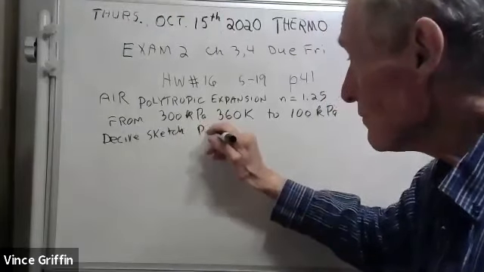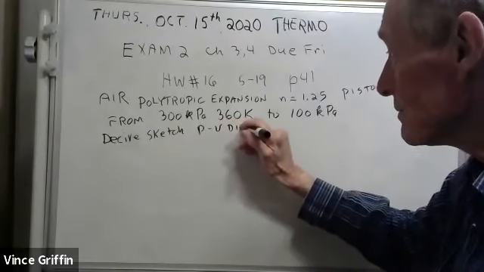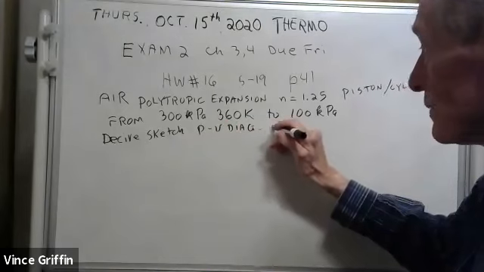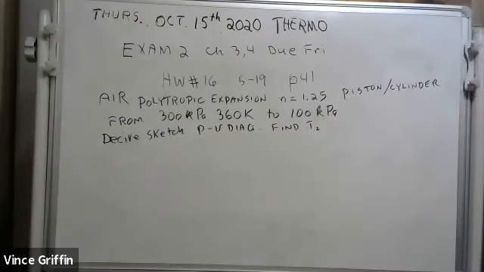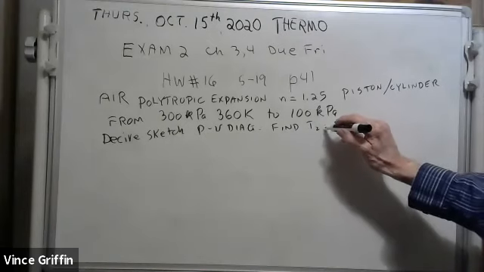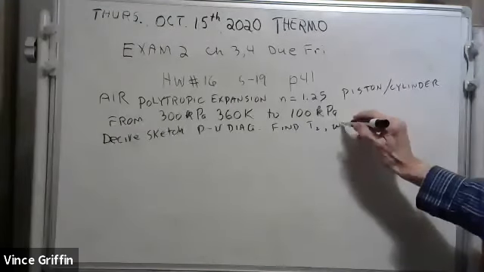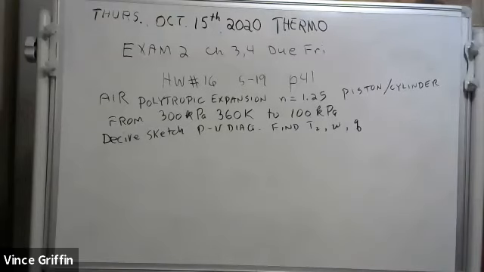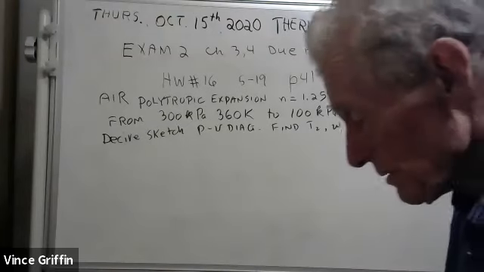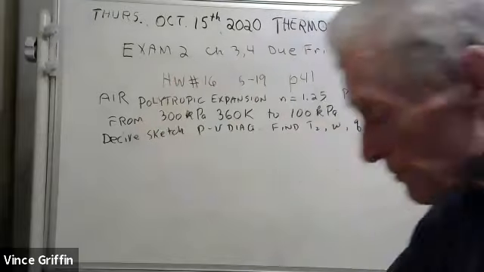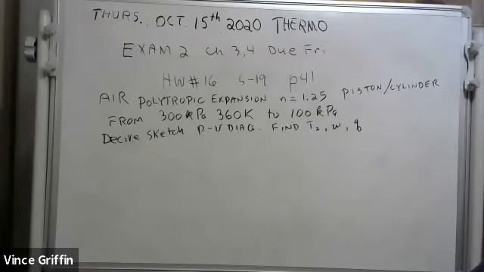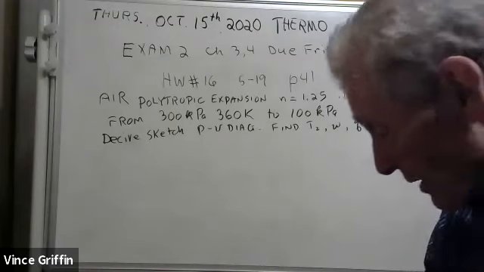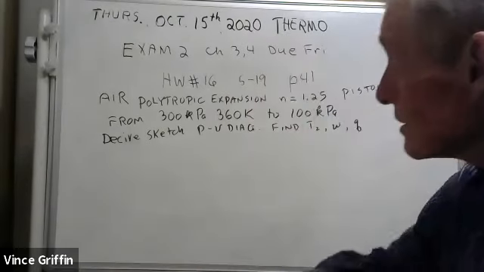We could do a PV diagram. That'd be good. We could find the final temperature, the work per mass, and the heat transfer per mass. So there's quite a lot of wonderful things that we can do with that. So let's do it. Have a little review session, then we'll talk about cycles.